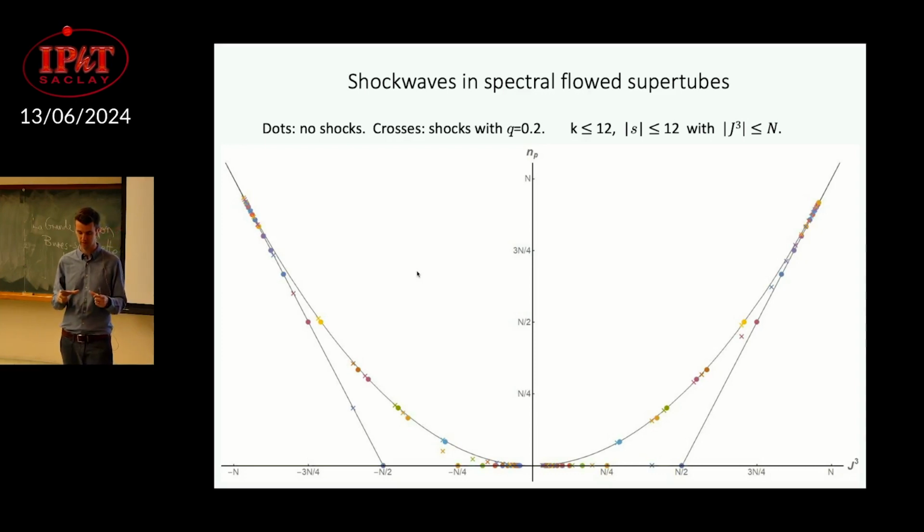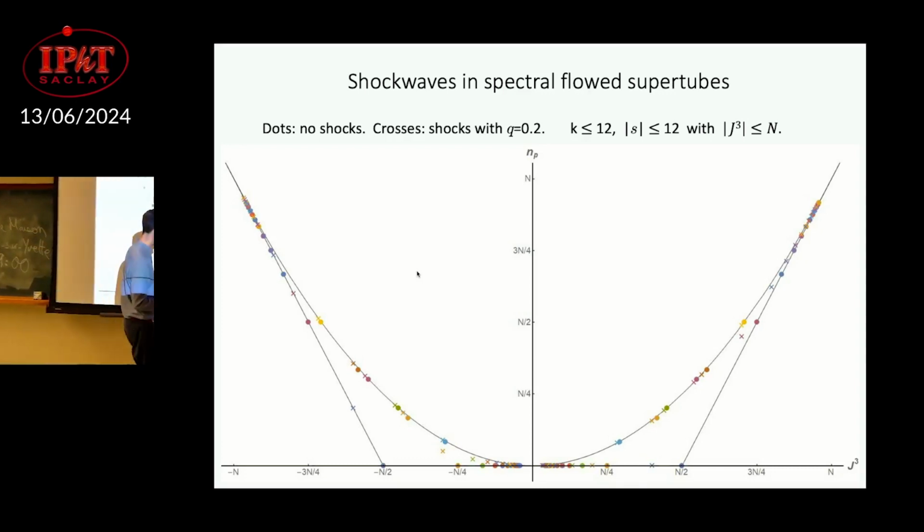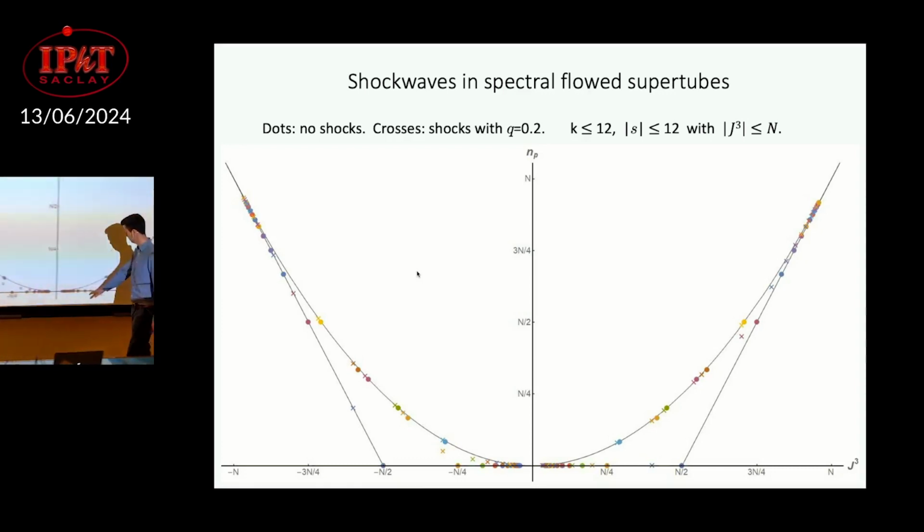What it has the effect of is that after coarse graining, the supertube locus is reduced, which it should because the angular momentum is going down, in a way that violates the condition for smoothness, to allow for the presence of the shockwave. So the shockwave has a fixed position, and that's all the solutions on this line down here.